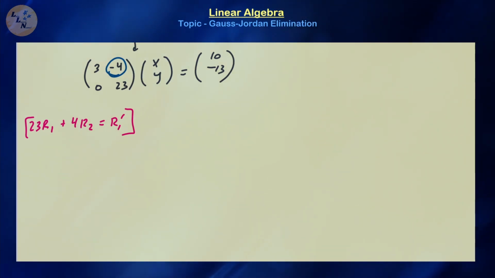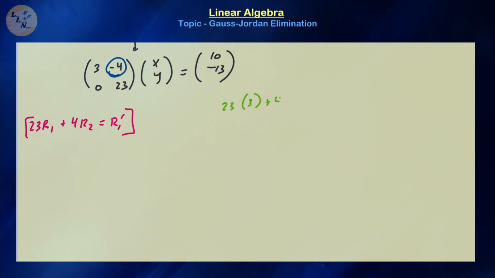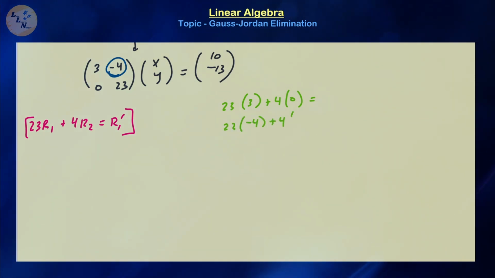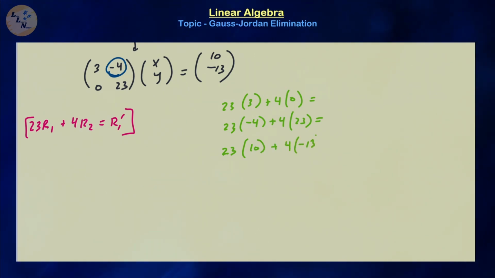So let's go through those processes. 23 times 3 plus 4 times 0 is going to give me a number. 23 times minus 4 plus 4 times 23 is going to give me a number. And lastly, 23 times 10 plus 4 times minus 13 is going to give me a number.